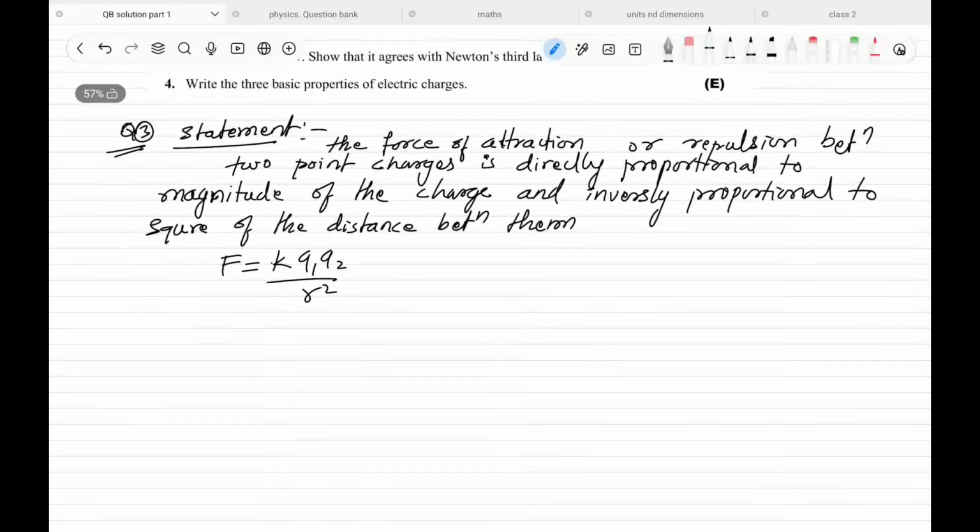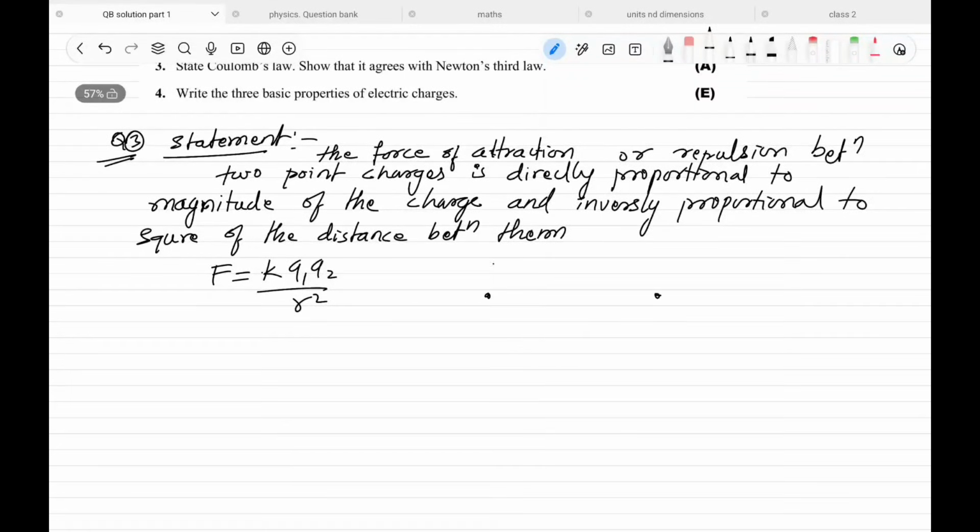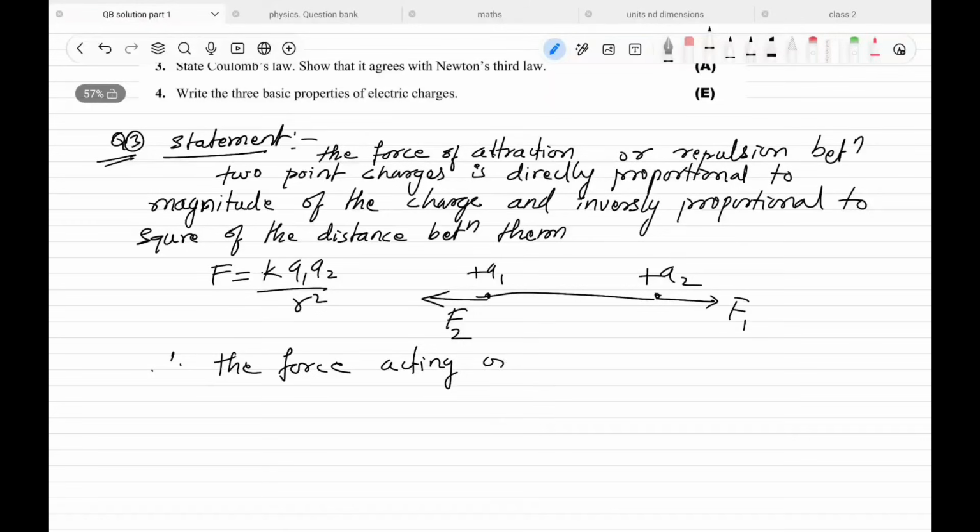Now consider two charges, Q1 and Q2, both positive. The force acting on Q2 is F1, and the force acting on Q1 is F2. The force acting on Q2, F1, is in the opposite direction of F2.